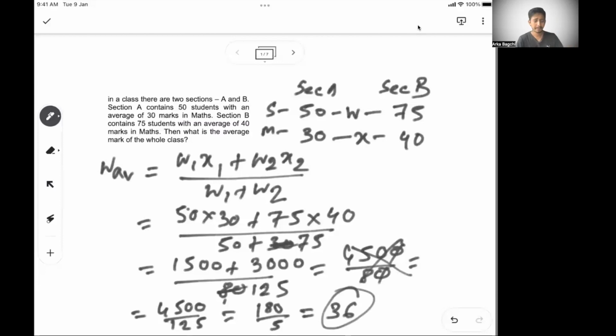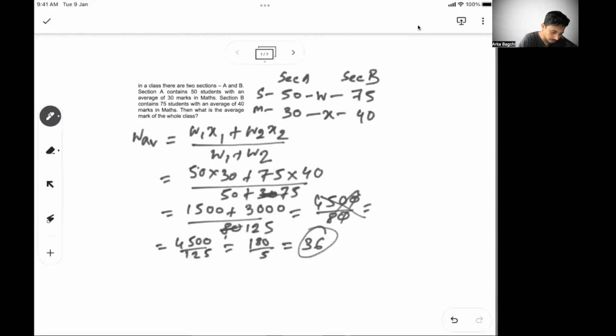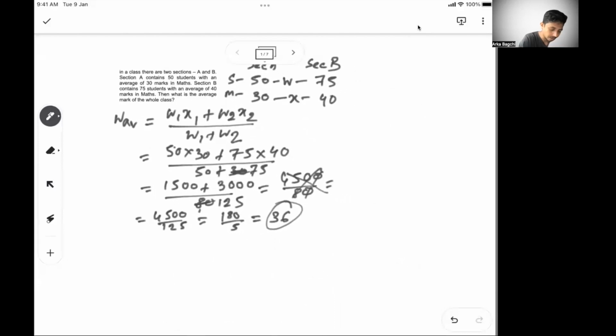Let's do it in the other way. Here we have told you in the class. So this is one way, directly using the weighted average formula. There is also another way to do it by using the weights. If you remember, in the last session we talked about the weights and how to get the ratio. If this is the line, the first average is at 30, the second average is at 40.